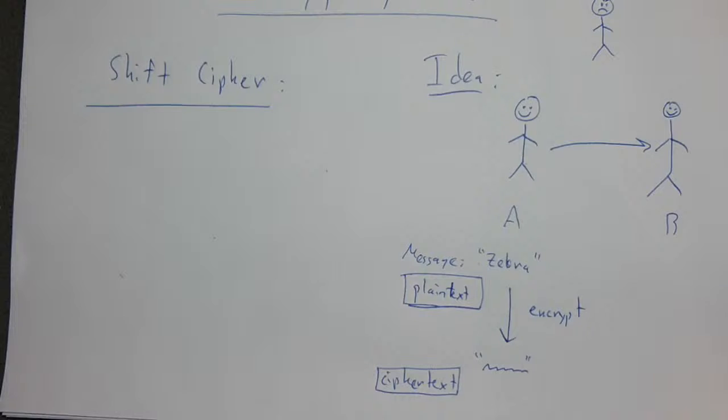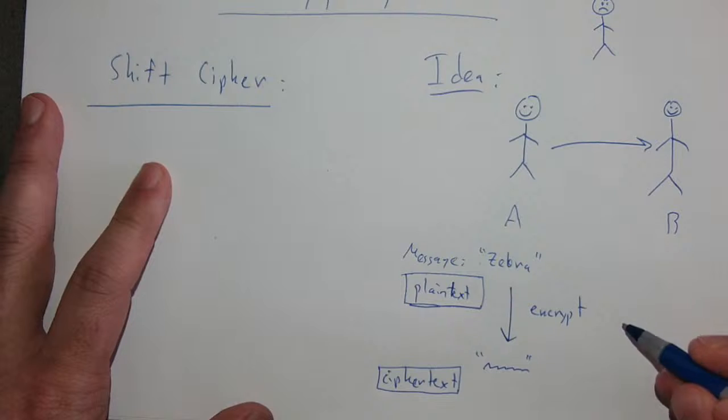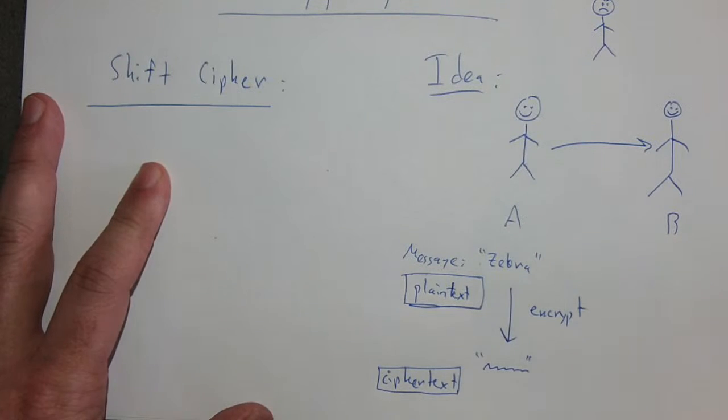And if this scrambling is secure enough, then I can be secure in saying that whoever intercepts this message is not going to be able to read the cipher text. So once I have encrypted it, I send it on, right?